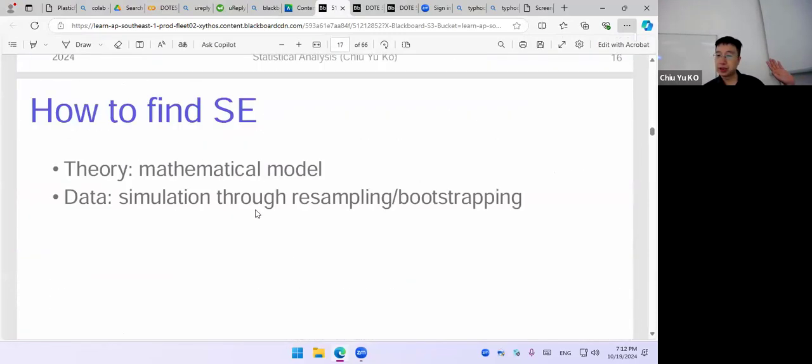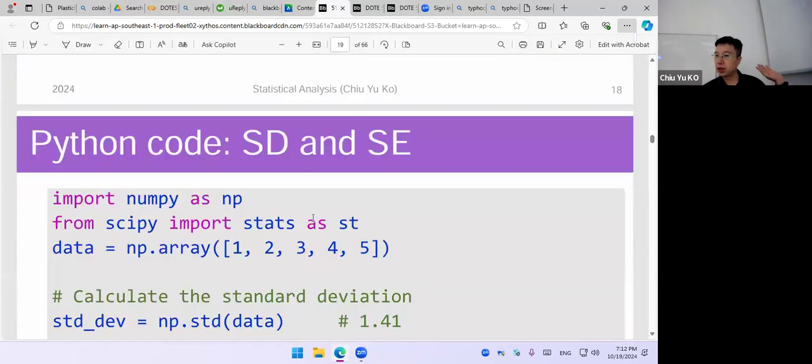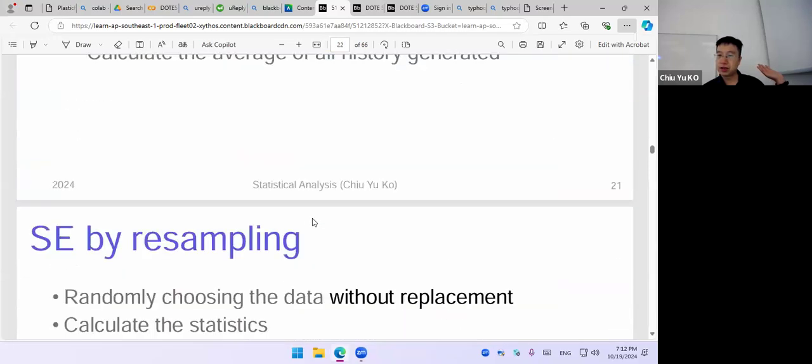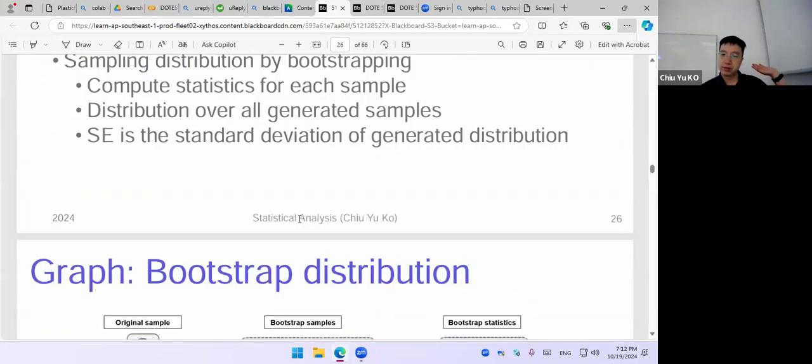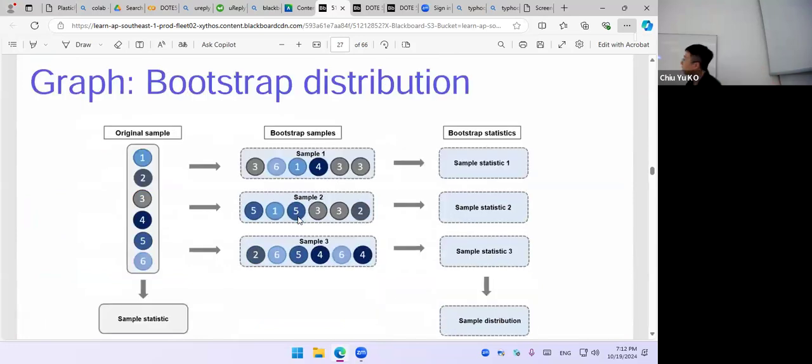Remember how we do the standard error. The right standard error is you maybe do the bootstrap, right? You got the data, repeat again, and each time you calculate the sample mean. You generate fake data, you create parallel universes. Each universe has a mean, and then you can come up with the standard error. That is how we do it.